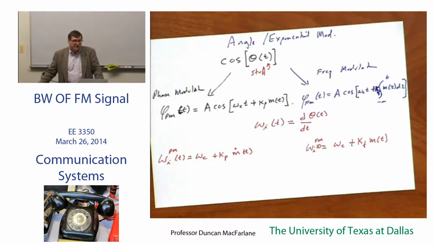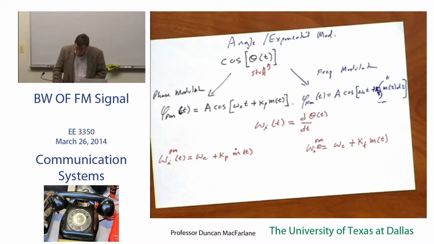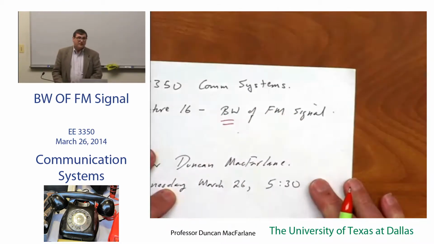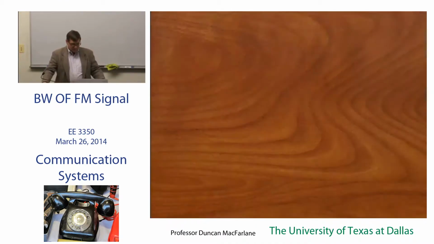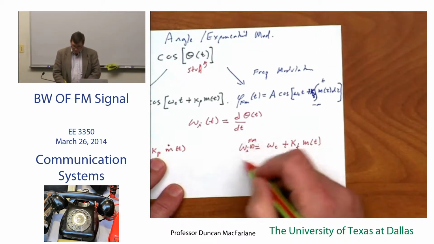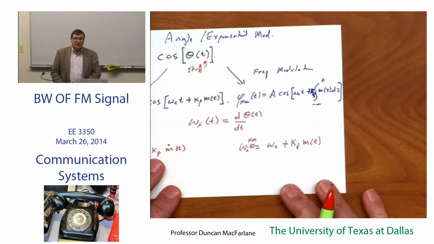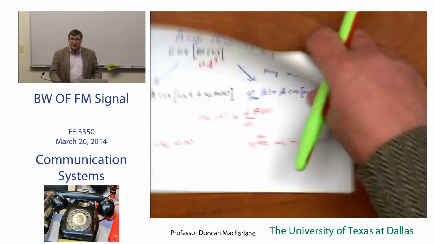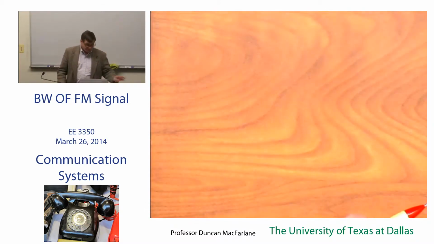Okay? And so if I ask the question, what's the bandwidth of my FM signal? The excursion of m of t defines the excursion of the instantaneous frequency. The excursion, what m of t does, defines what the excursion of the instantaneous frequency is.